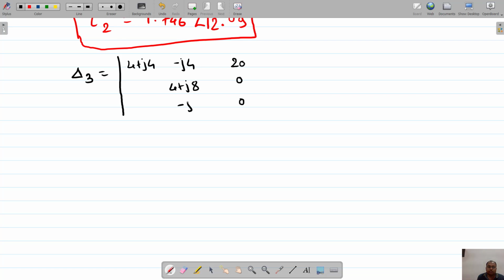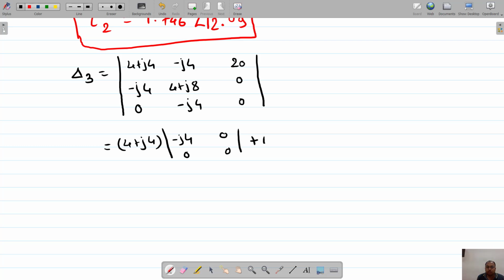This was minus j4, this was 0, minus j4, right? Great. Let us find it out. So 4 plus j4 into the bracket. Now the determinant is nothing but minus j4, 0, 0, and 0.